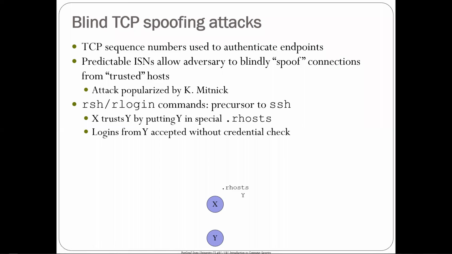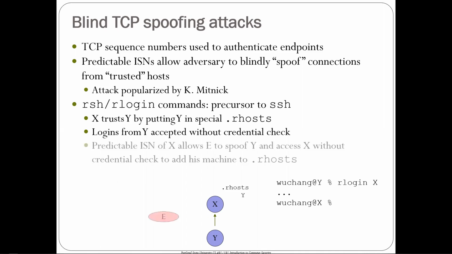And that's what this command was doing. And then when I'm on Y and I do an rlogin of X, I immediately get my shell without actually punching in my username or password. And this is all done because my IP address or my machine name is sitting here in this .rhost file.